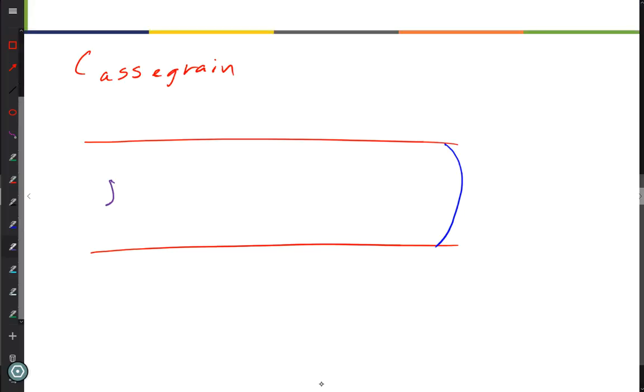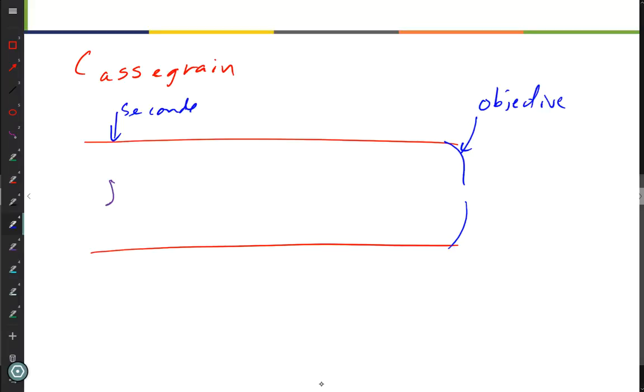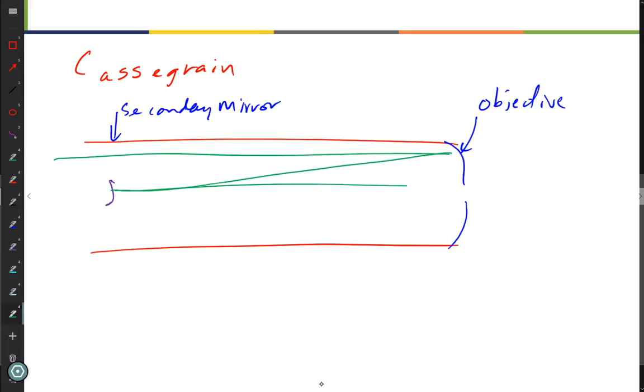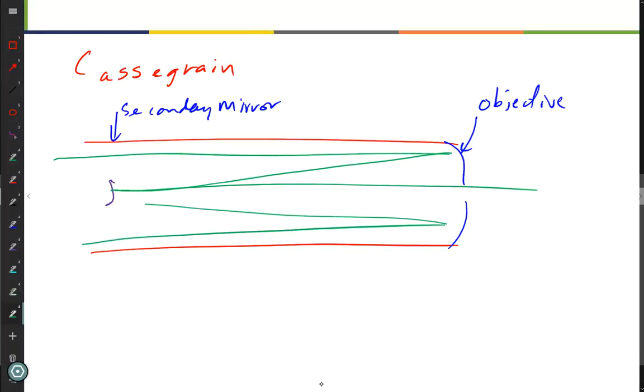I mean, I can erase the whole thing, I guess. I'll do that. So this here is my objective. This is a secondary mirror. And then the light goes, and then we have finally an eyepiece.